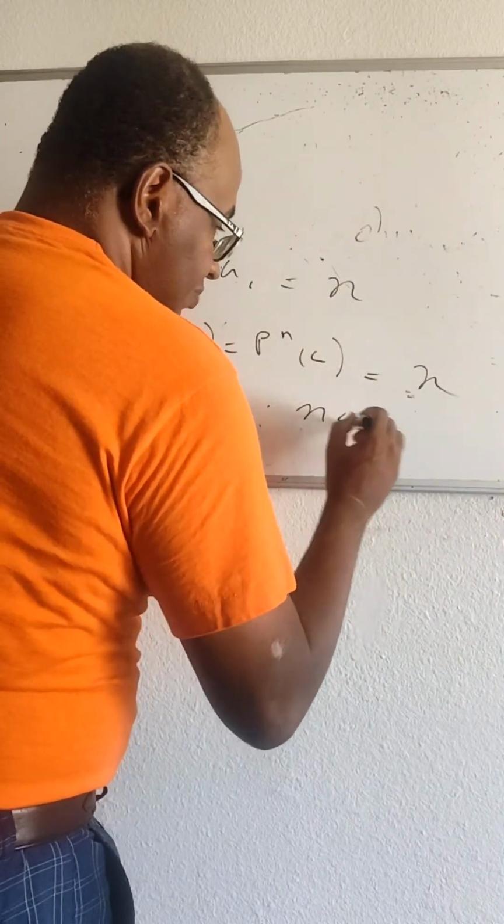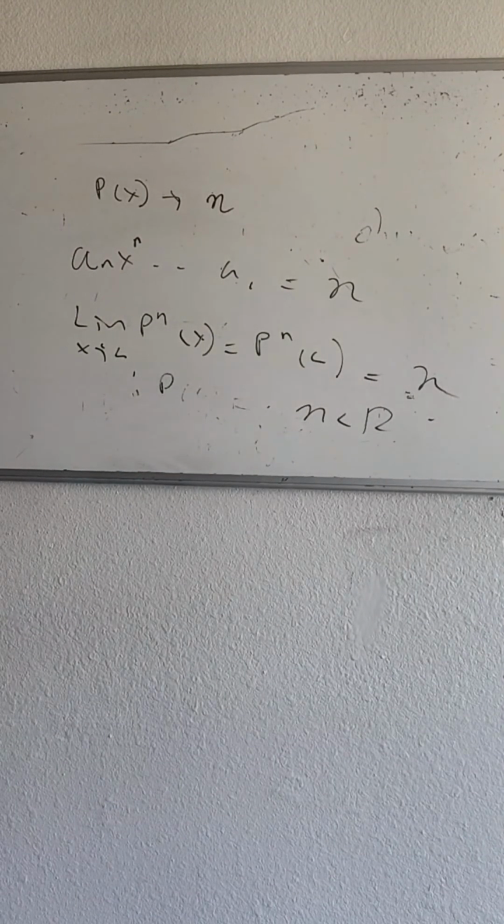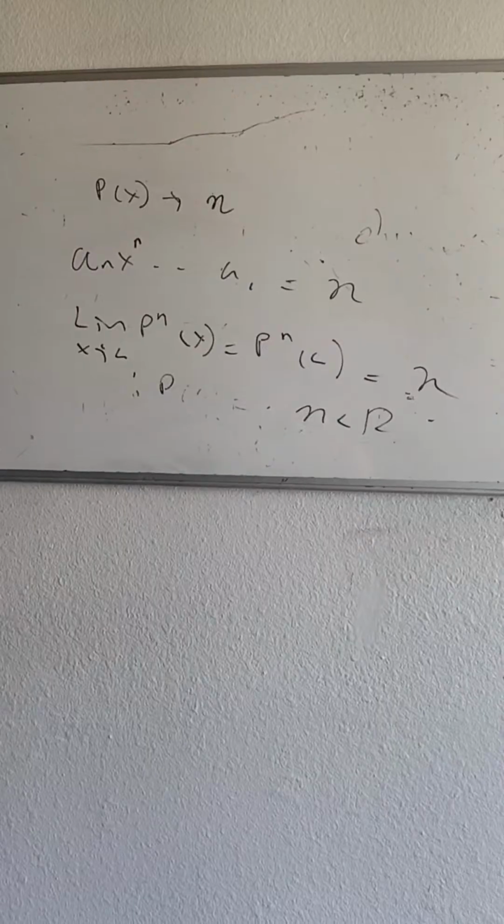So n is an element of R. All right. So we know that polynomials converge or could diverge. So it could converge or diverge.